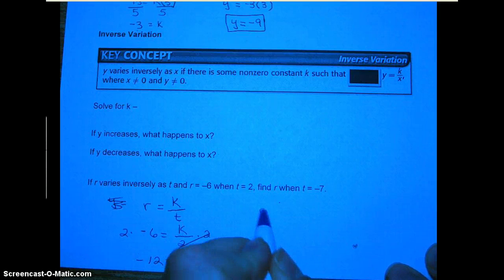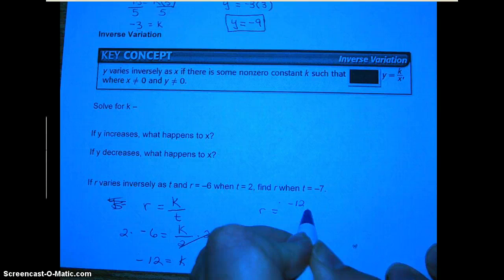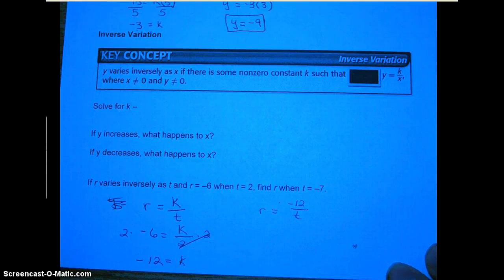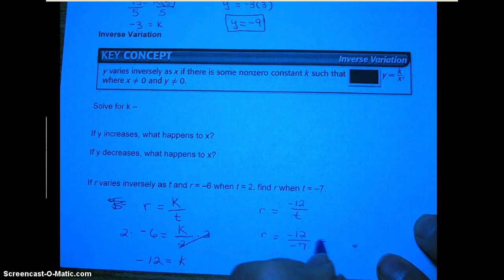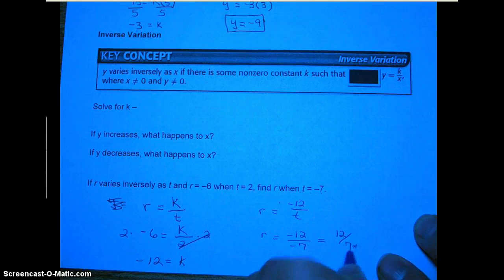So r equals negative 12 over t. Now we answer the question. It says find r when t equals negative 7. So r equals negative 12 over negative 7. So r is going to be 12/7.